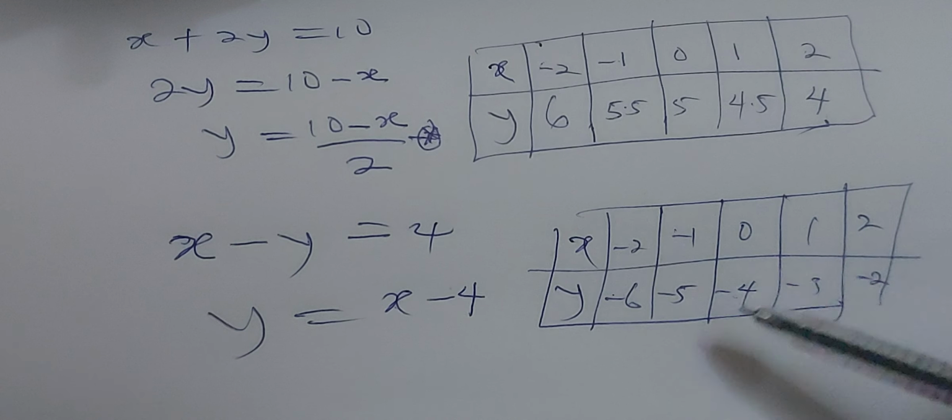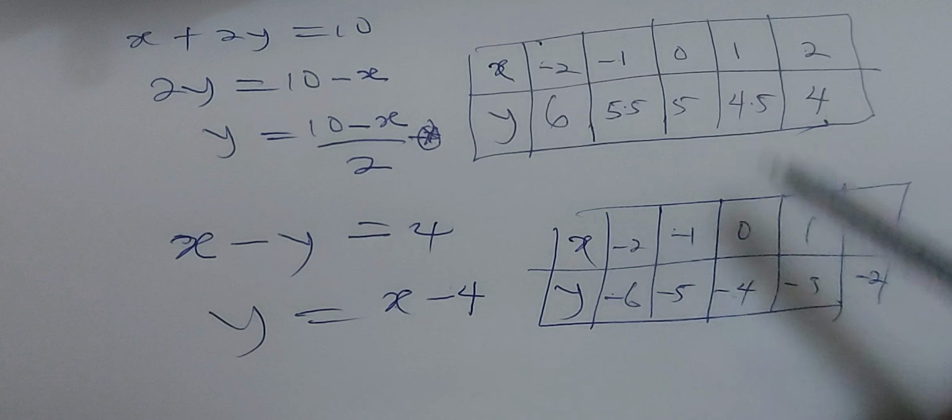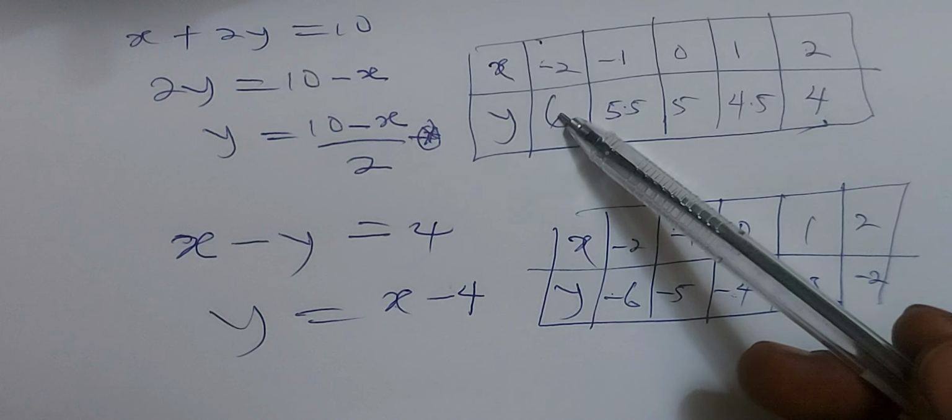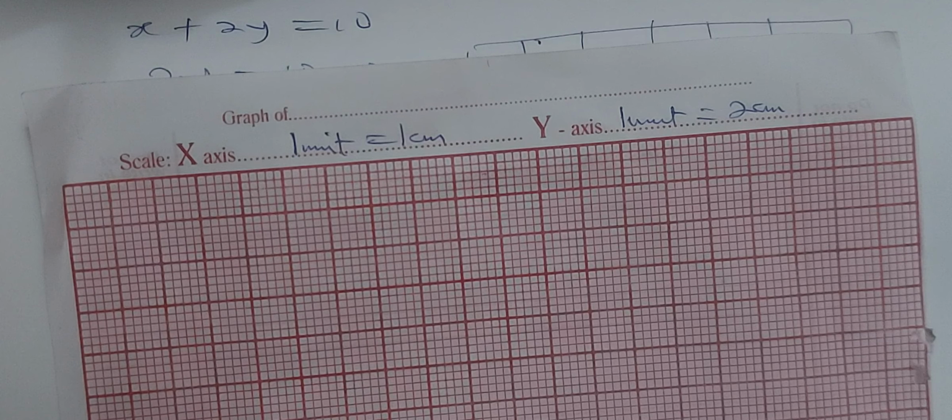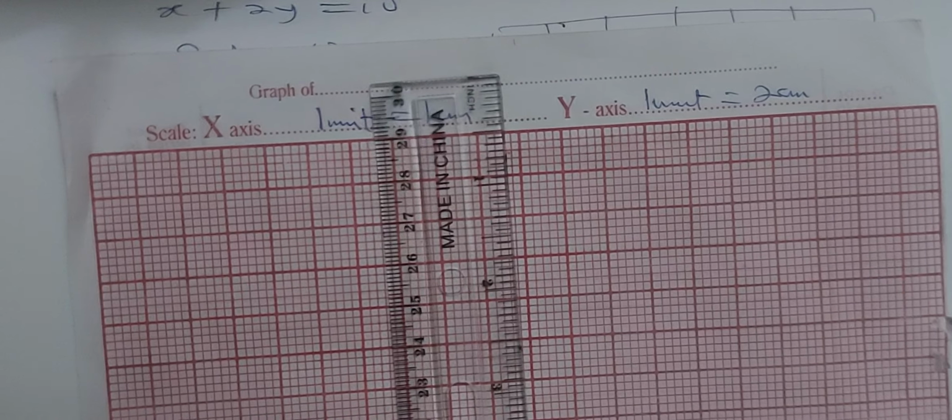By looking at the table, you discover that the highest negative is 6 and the highest positive is 6. So we use the middle of the graph.